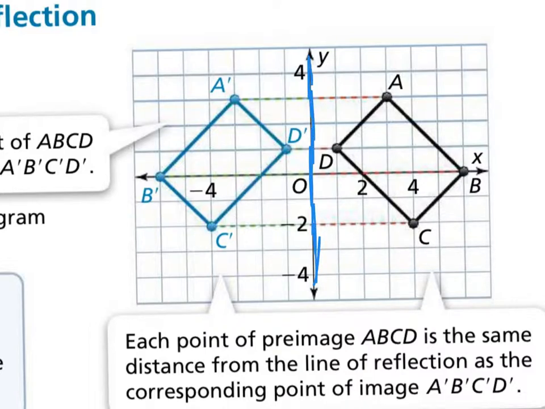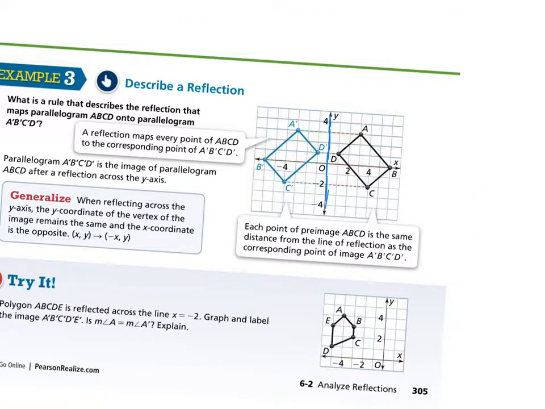A way to think about this is that if we would fold our paper on that line of reflection, the two figures should match up exactly. You see that? So this is just a reflection across the y-axis for this one.